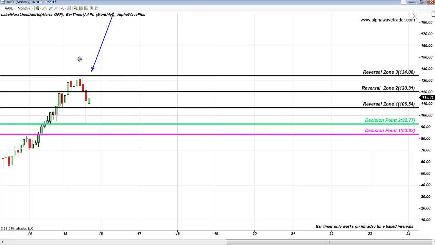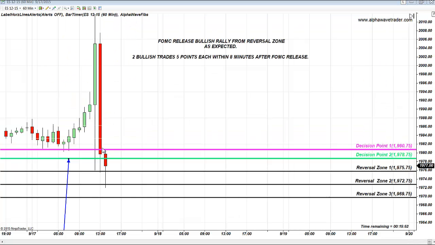This is ultimate brick wall on Apple monthly. Good idea to adjust your trail, and very good idea to never ever acquire position on Apple at reversal zone. And very good idea to enjoy flawless rally on S&P if you know the rules on hourly chart. Agree?